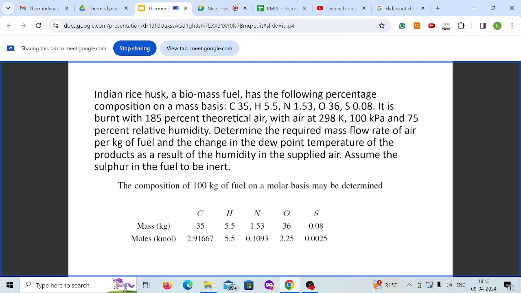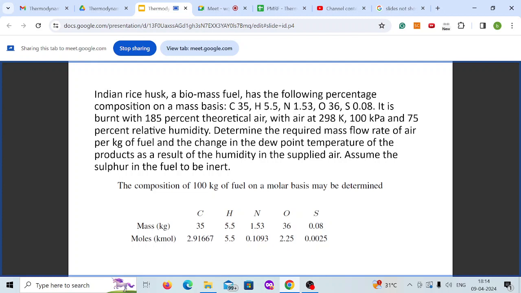The next question is: Indian rice husk biomass fuel has the following percentage composition on a mass basis: carbon 35, hydrogen 5.5, nitrogen 1.53, oxygen 36, and sulfur 0.08.